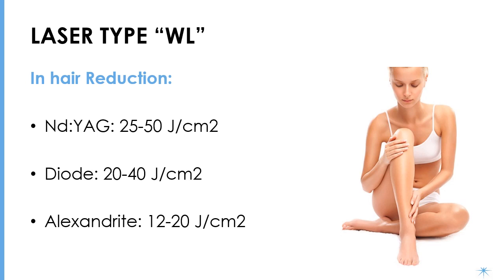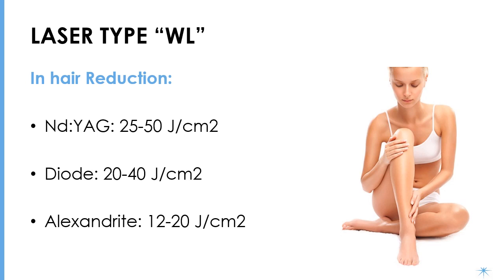The laser type will also play a role regarding the fluence. So in hair reduction, I can achieve hair reduction with the Nd:YAG, and in this case I would use 25 to 50 joule per centimeter square. I can achieve hair reduction with the diode laser, and in this case the fluence might range between 20 to 40 joule per centimeter square, and I can achieve the hair reduction with alexandrite, and in this case the fluence is going to be between 12 to 20 joule per centimeter square.